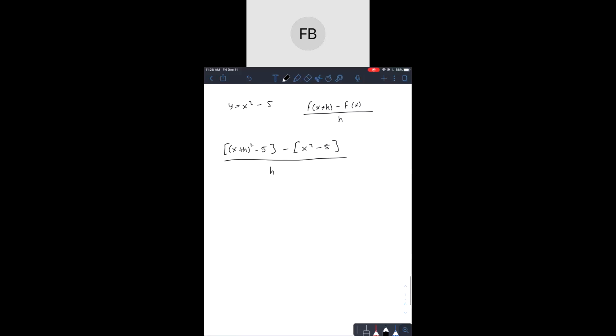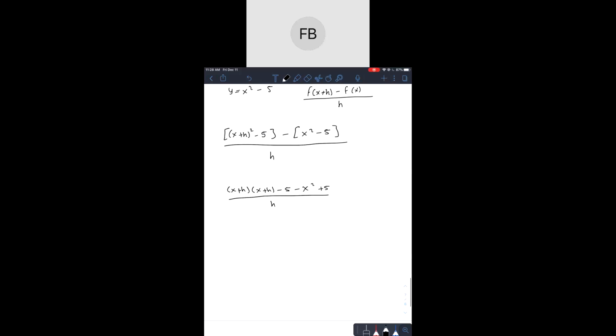So now we need to go through and solve this. I think the best thing to do would be to start getting rid of these brackets. So we have an x plus h times an x plus h minus 5 minus x squared plus 5. Very important to keep those units over h. And then we're going to have to multiply these out.